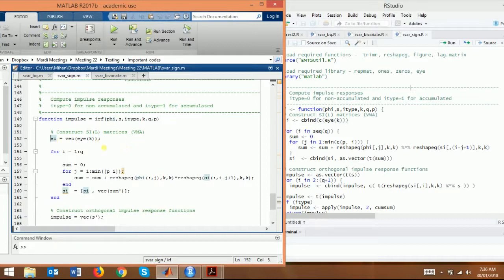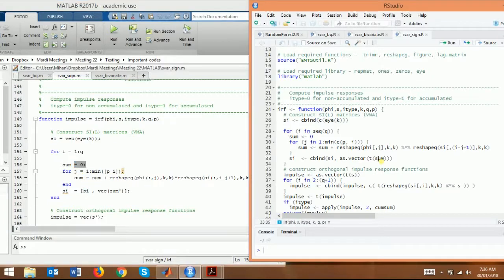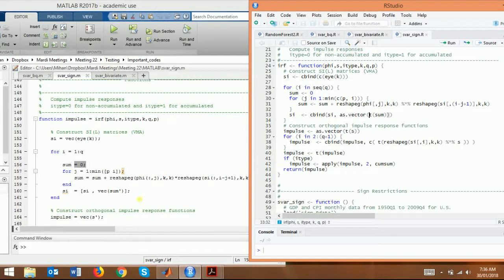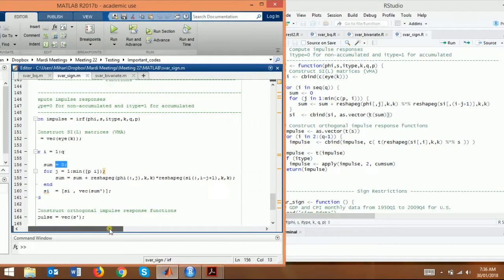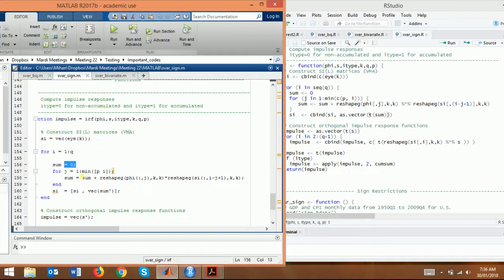So construct psi, which is taking a vector 1 to q. Sum will start with 0, for j equal to 1 to the minimum of p, i. So see, we're not going to use while here. Sum is sum plus reshaping the whole equation exactly.